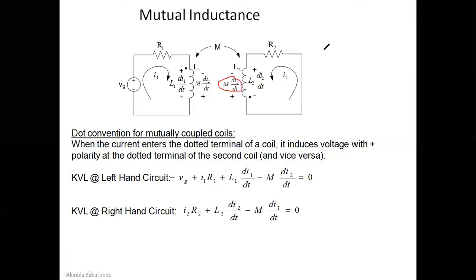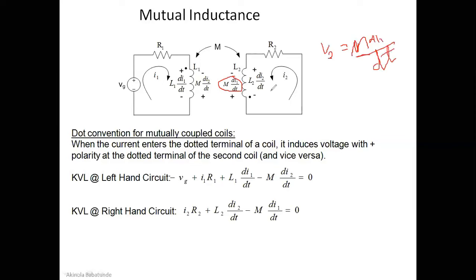So V2 will be equal to M dI1/dt, as you can see. V2 is M dI1/dt because V2, which is voltage 2, is induced by current I1. Also, V1 will therefore be equal to M dI2/dt, as you can see here. M dI2/dt is going to be our V1 because V1 will be induced by current I2.